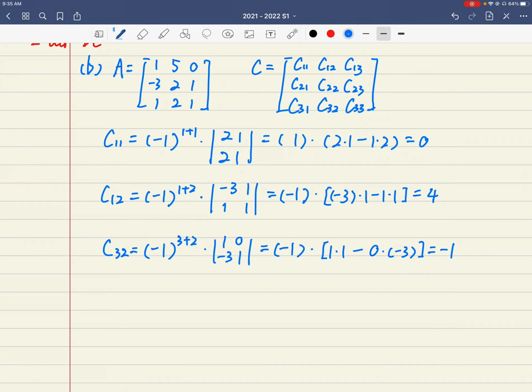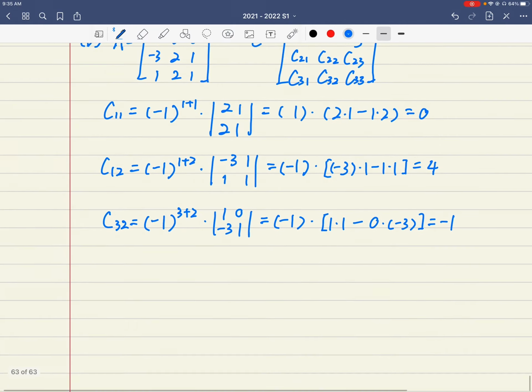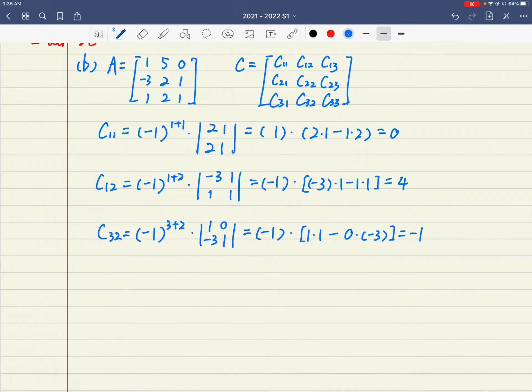Okay, so you do the same thing for all 9 different entries. Here, I just give you an example of 3. So you should do the rest of them. What is C13? What is C21, C22, C23? C31, C32 we've already done, so C33.